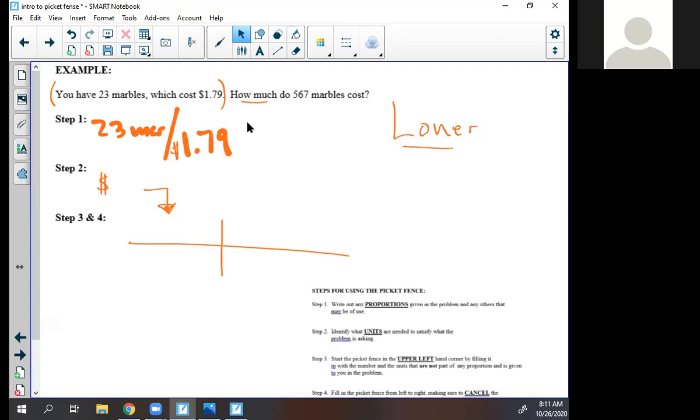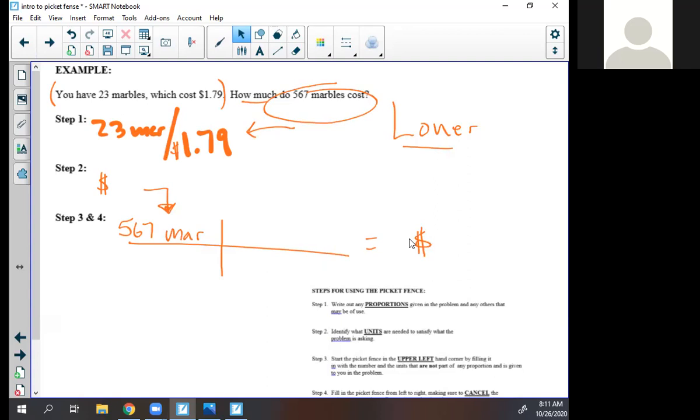The loaner is the thing that's not in a proportion. So what number was not here? 567 marbles. And I can get some data from that. If I know where to start, I am just about ready to go because I know where to end. I'm ending with dollar signs. So look here. Marbles goes here.